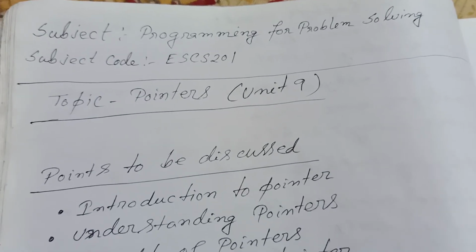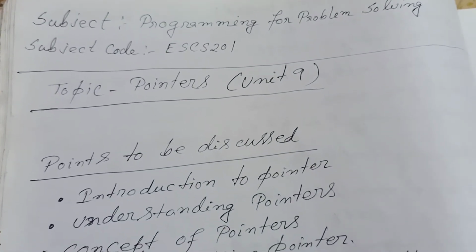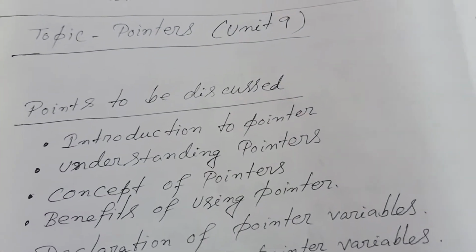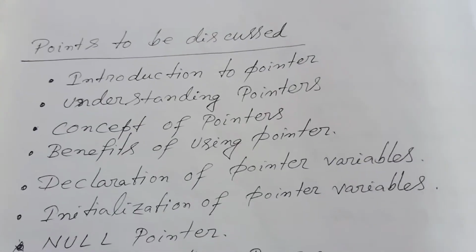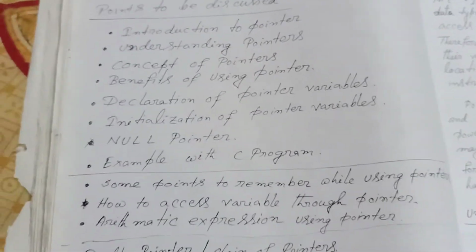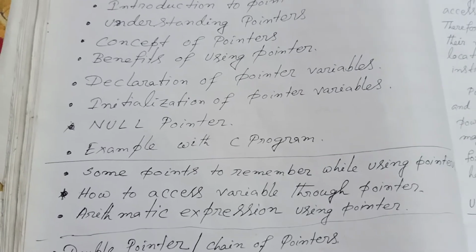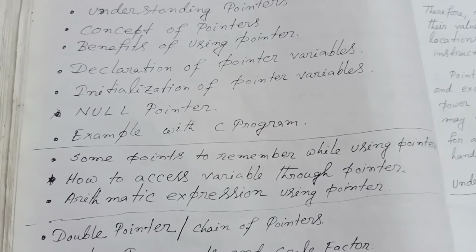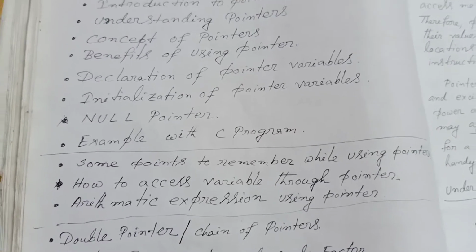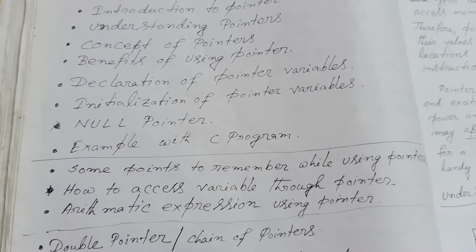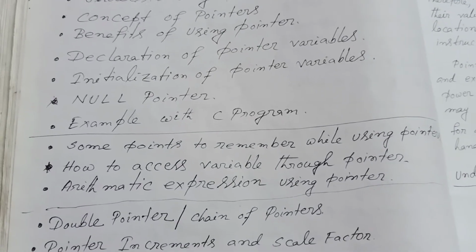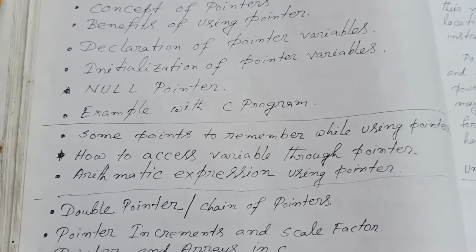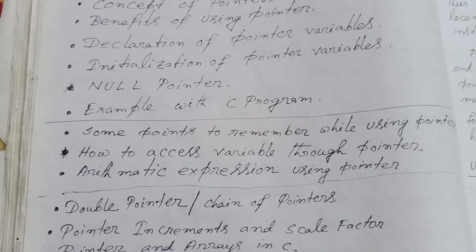Already we have understood the basic concept of pointers, what its benefits are in programming, its declaration, initialization, and null pointer. Also, in the second video we understood some points to remember about pointers, how to access a variable through a pointer, and how we use arithmetic expressions with pointers.